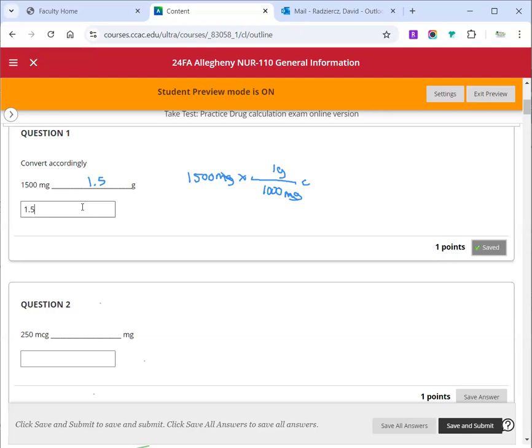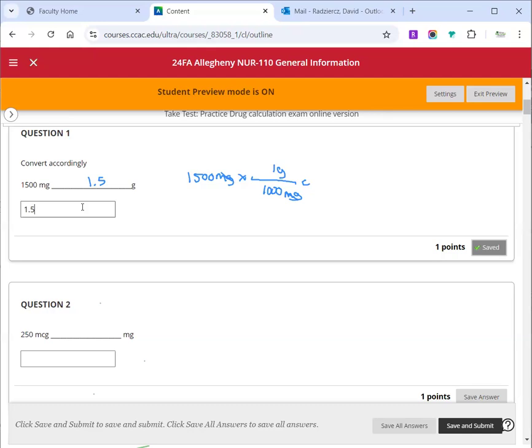If it says numbers only, put the numbers only. It should be a fair question to ask even before you start the test: do you want the units or not? I personally think it's a good idea to add the units in, but it'll save time getting your grades back if you just follow whatever directions they give you.